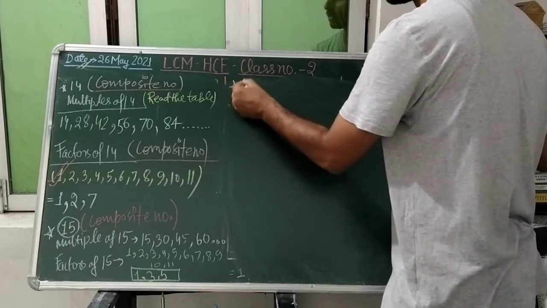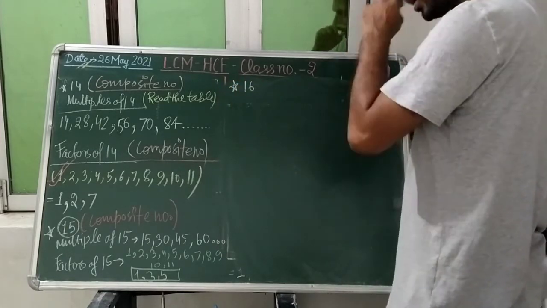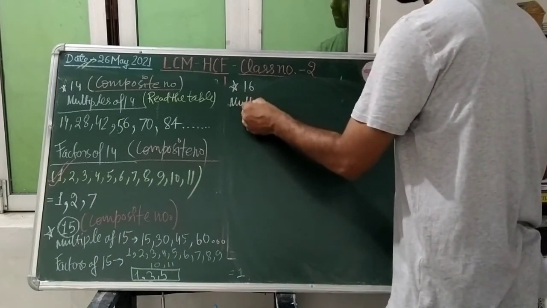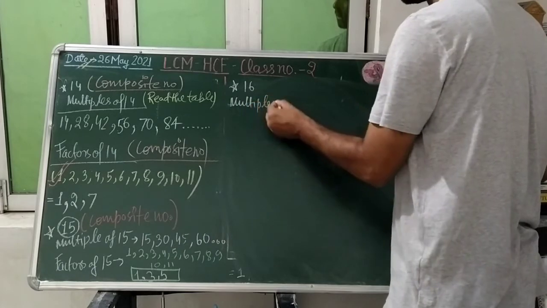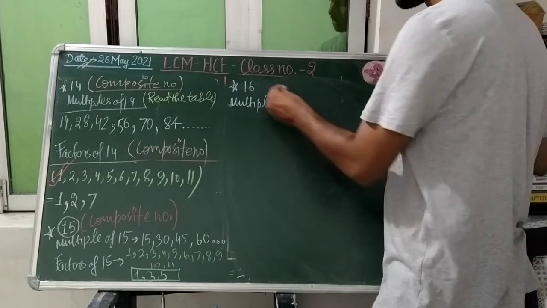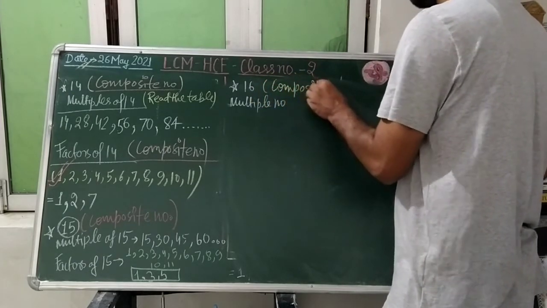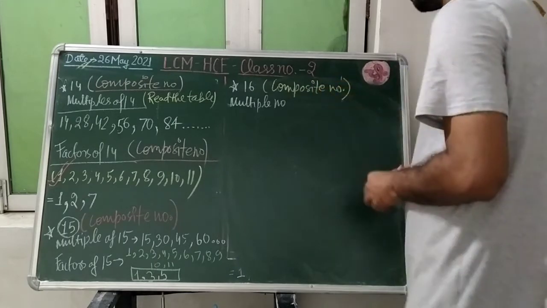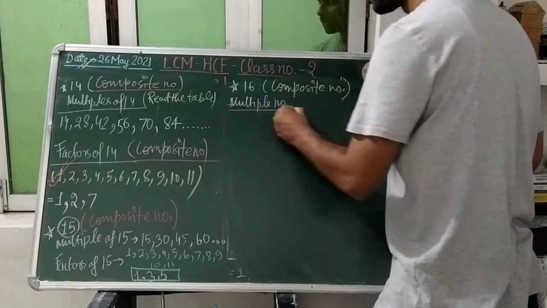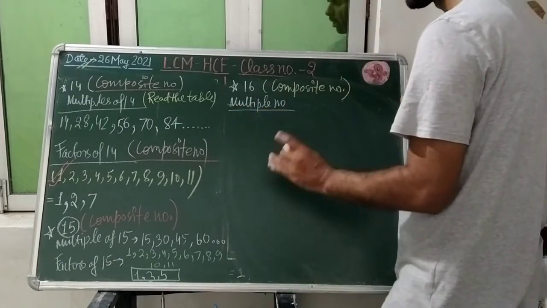Now 16. So for 16, students, look, what will we do? For multiples, whether it is a prime number or a composite number, 16 is a composite number.